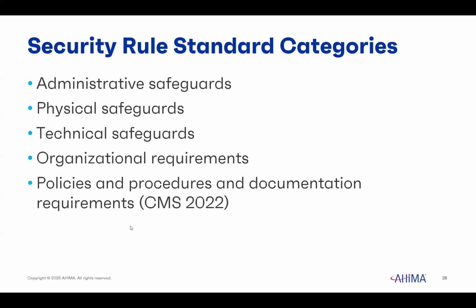Of course, all of this doesn't make any sense or do any good unless we have the fourth bullet point, the organizational requirements. So these are the contracts or arrangements, for example, the business associate agreements that ensure appropriate safeguards for ePHI between entities.